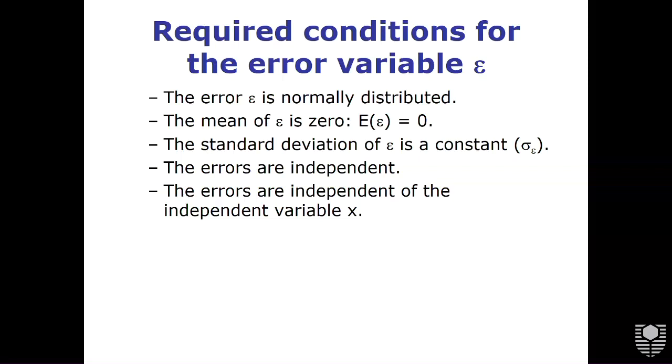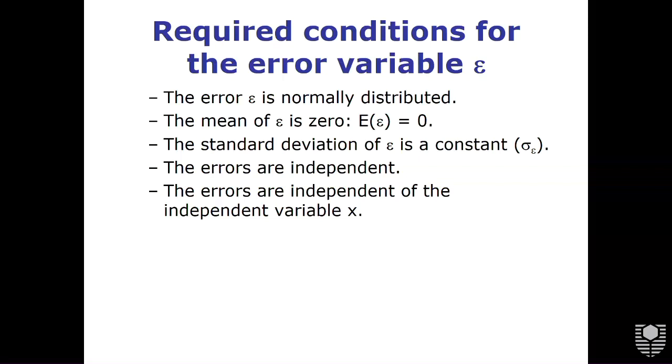Errors are independent. Because every independent variable carries some error level, the error for x1 has to be independent from the error of x2, which has to be independent from the error for x3, and so on and so forth.